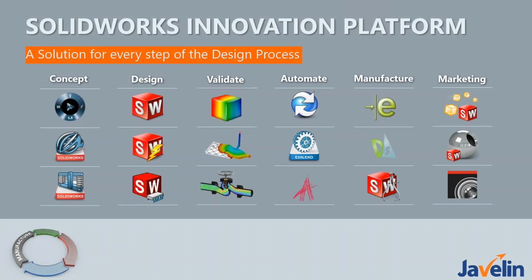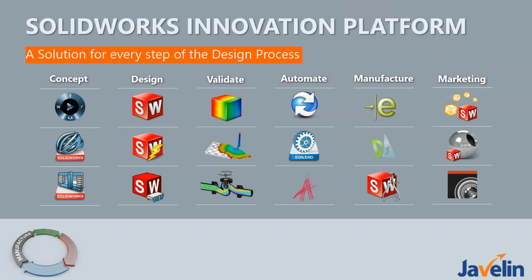I just wanted to show you this very quickly. This is the SOLIDWORKS Innovation Platform, just to show you how far SOLIDWORKS has gone in the last 20 years. SOLIDWORKS has been around since 1995, but officially 1997, and so has Javelin. We've partnered with them since they first started, so this is actually our 20th anniversary this year.